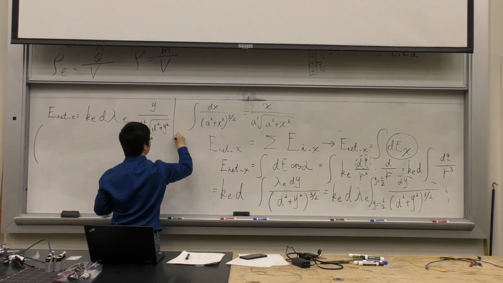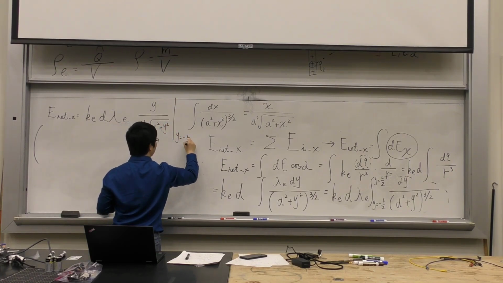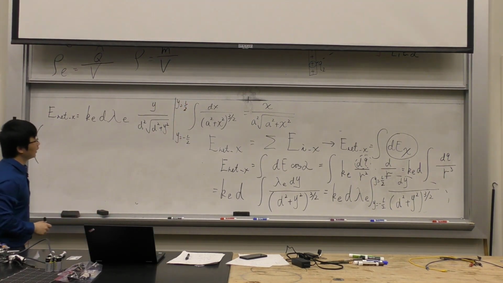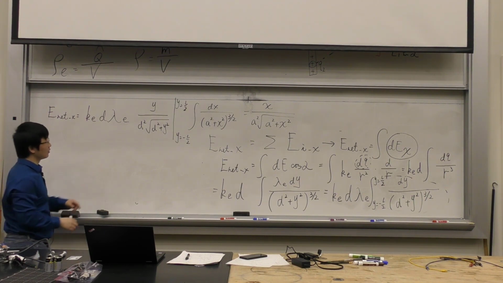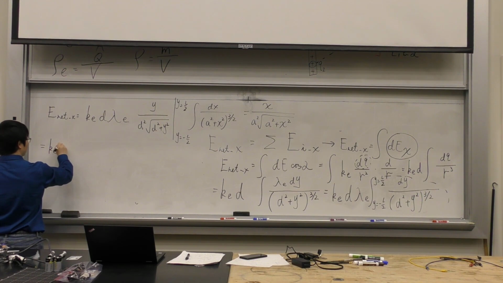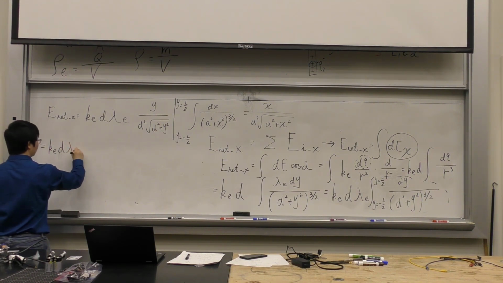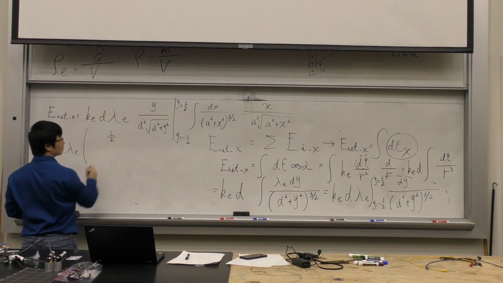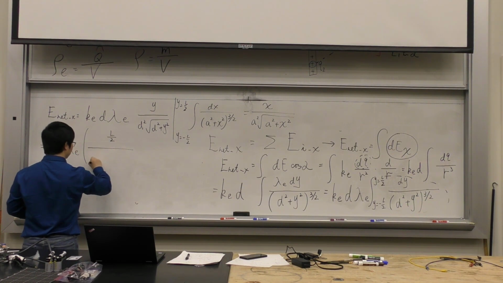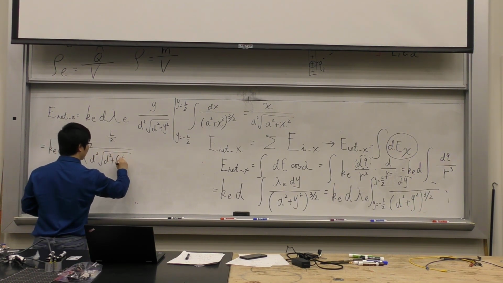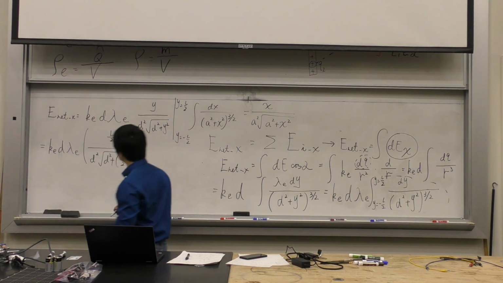Now you're going to integrate, evaluate this from -1/2 L to 1/2 L, right? How do you evaluate this integral with the bounds? You're just going to subtract them, right? So this is going to be equal to KE D lambda E, plug the upper bound in, 1/2 L over D squared plus 1/2 L squared, right?